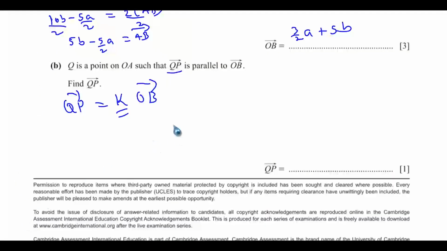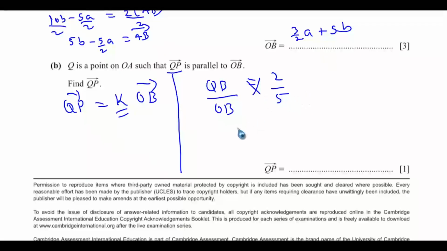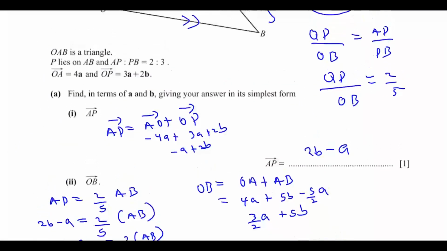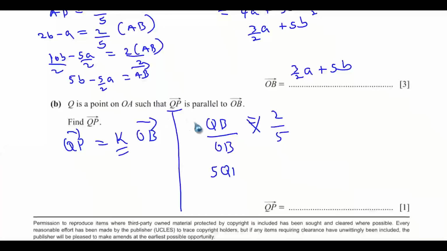So that is what I will write there now. I will say QP over OB is equal to 2 to 5. Then I can now cross multiply. So I will have 5Q, I think it should be P, yes, P. So this is P, not B. Let's erase this.